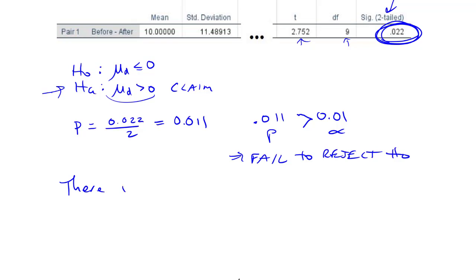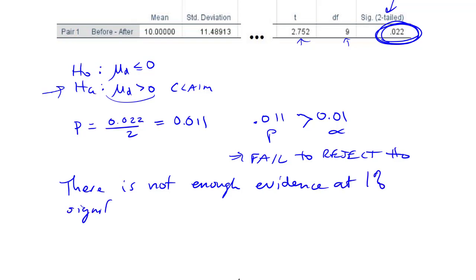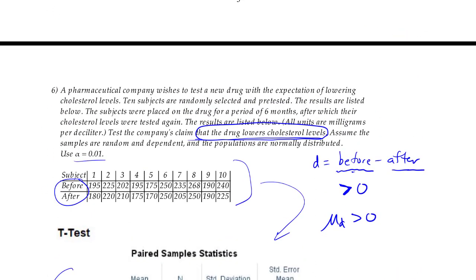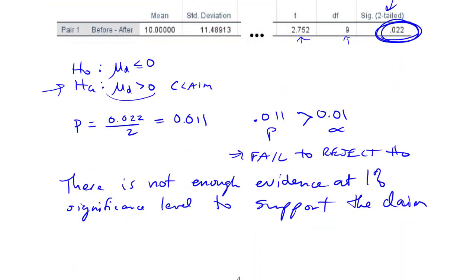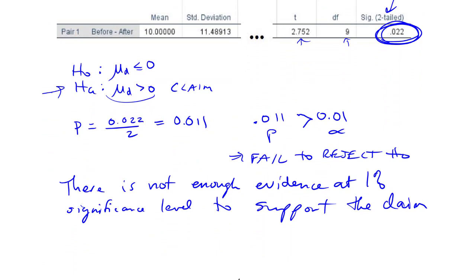There is not enough evidence at 1% significance level to support the claim, which was that the drug lowers cholesterol levels. So not enough evidence to support in this case.